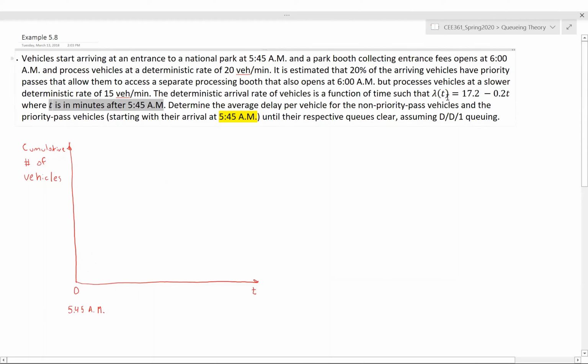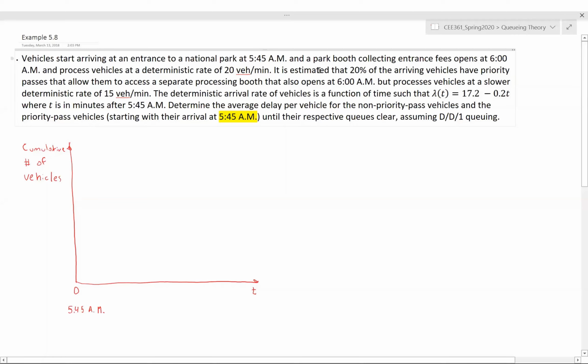Notice that the arrival rate, if I'm interested in the cumulative arrivals, how are those going to look like? Before I go there, I don't think this is a good problem from the point of view of starting with the subject, because it adds a complication that I think is unnecessary for the first problem you see in this area.